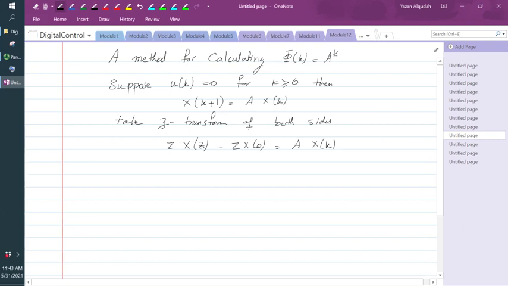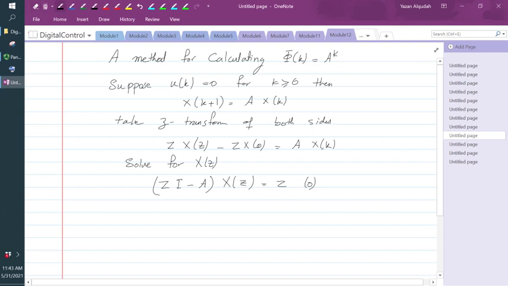Let's solve for X of z. We're going to get zI minus A multiplied by X of z, and this is going to equal z multiplied by x of 0. So I moved A multiplied by X of z to the other side, and I moved z multiplied by x of 0 to the right side.